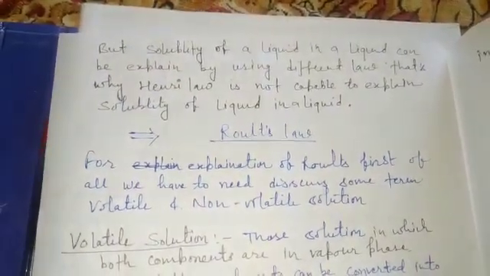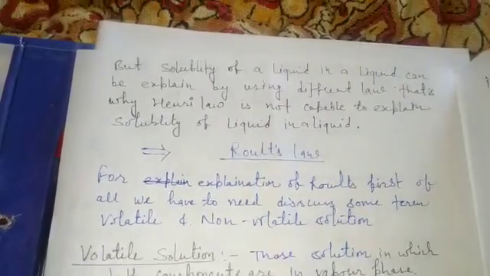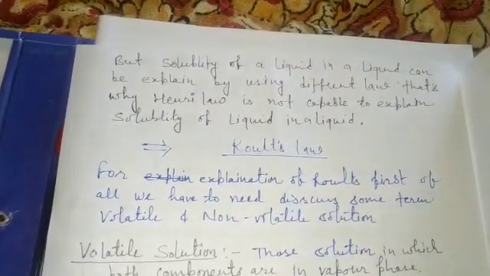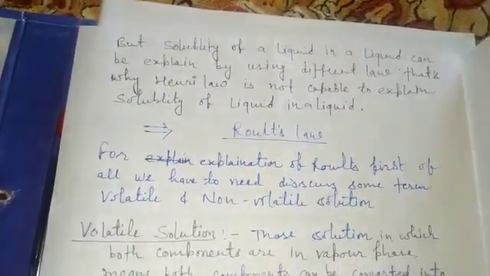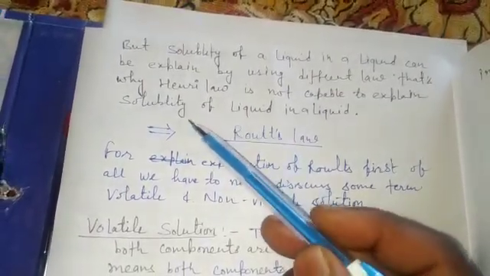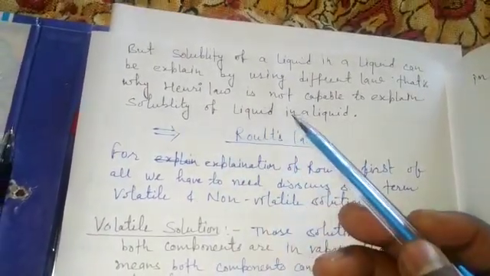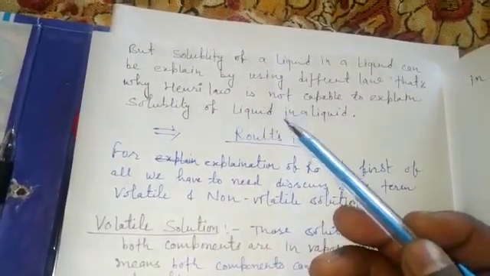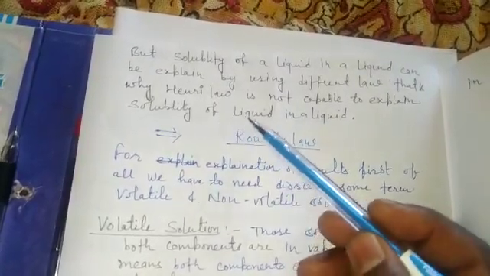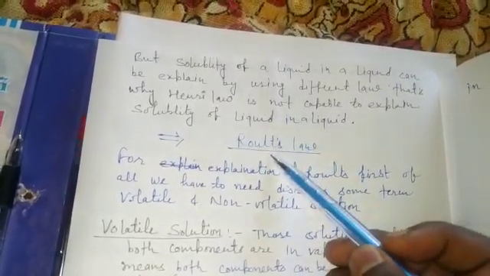So dear students, solubility of a gas in a liquid can be explained by Henry's law, but solubility of a liquid in a liquid can't be explained by Henry's law. It can be explained by Raoult's law.